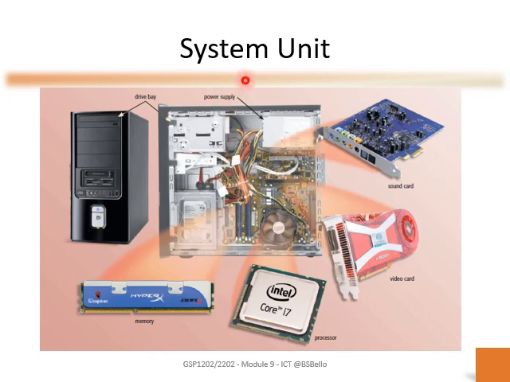In the system unit of a desktop computer, you could find various components, which include the memory that the computer uses to store the data while processing, and the processor, which processes the data and the instructions from the input devices, output devices, and the storage devices.